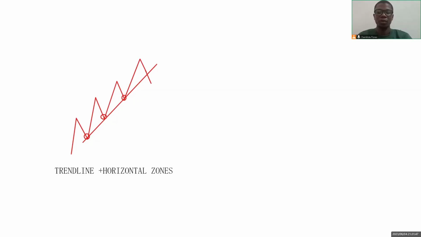Trend line plus horizontal zones plus chart structure, plus the Fibonacci. So anytime I want to enter a trade, I make sure all of these four different tools are applied before entering a particular trade.